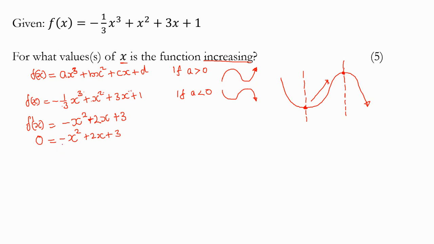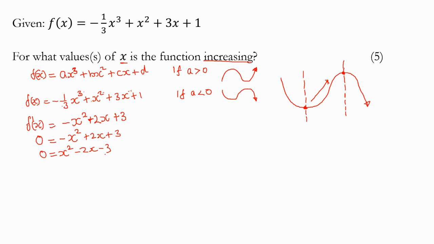Okay, and then we can divide everything by -1 so that we get 0 is equal to x squared minus 2x minus 3. Then we can use factorization here. I'm not going to explain that; I assume that you know how to factorize. Maybe you can use the quadratic formula if factorization is giving you problems, but it's very easy to factorize here.